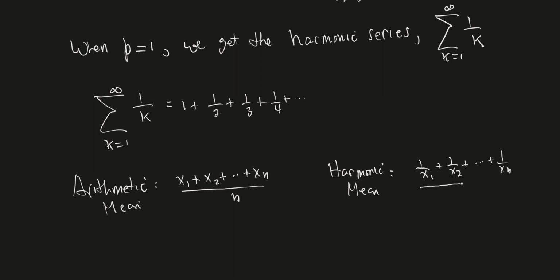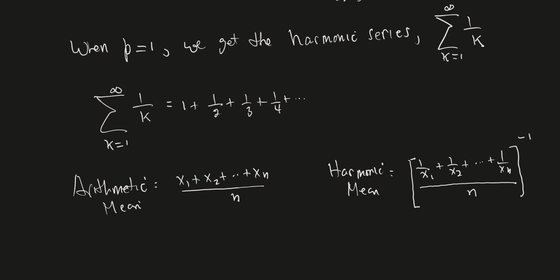Then you take the arithmetic mean of those reciprocals, so divided by n, and then you take the reciprocal of the answer. Quite the process, right? It's another way of computing a mean. It's not the arithmetic mean, it's the harmonic mean.